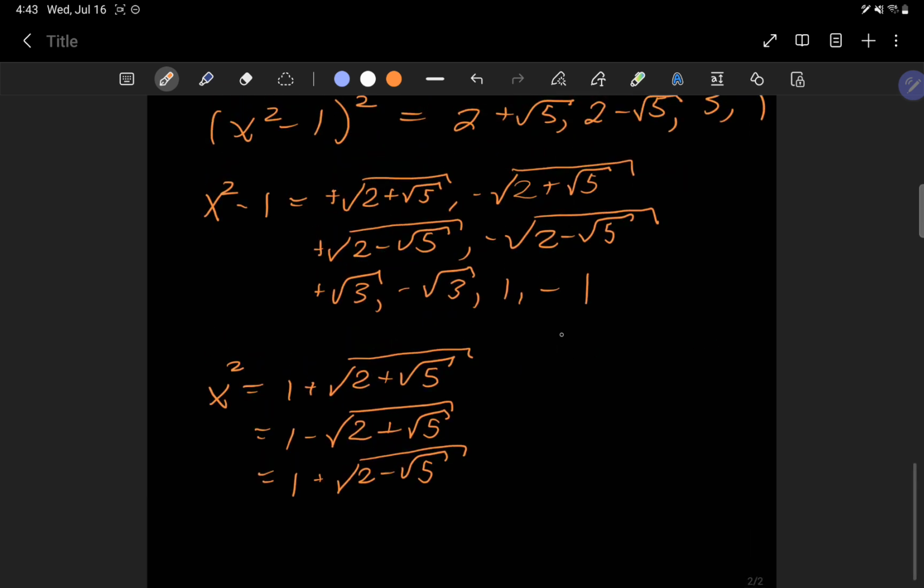Do we want the actual decimals for them or no? So I did add 1. So 1 plus that. Now I'm doing this one and then that one. So 1 minus. Yeah, and then you've got 1 plus root 3, 1 minus root 3, 1 plus 1 is 2, 1 minus 1 is 0.